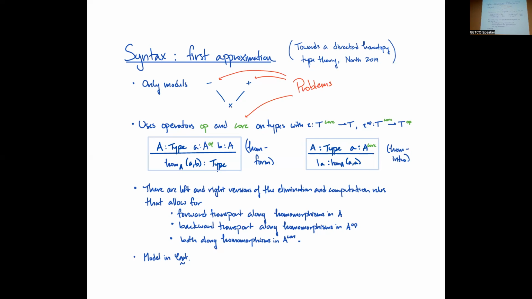And the other problem is that to capture all these different notions of transport, I'm really using one notion of transport, and then encoding the other notions by having this op and this core operator. That works on Cat, but you don't have these operators in really any other model of directed spaces or categories or anything.